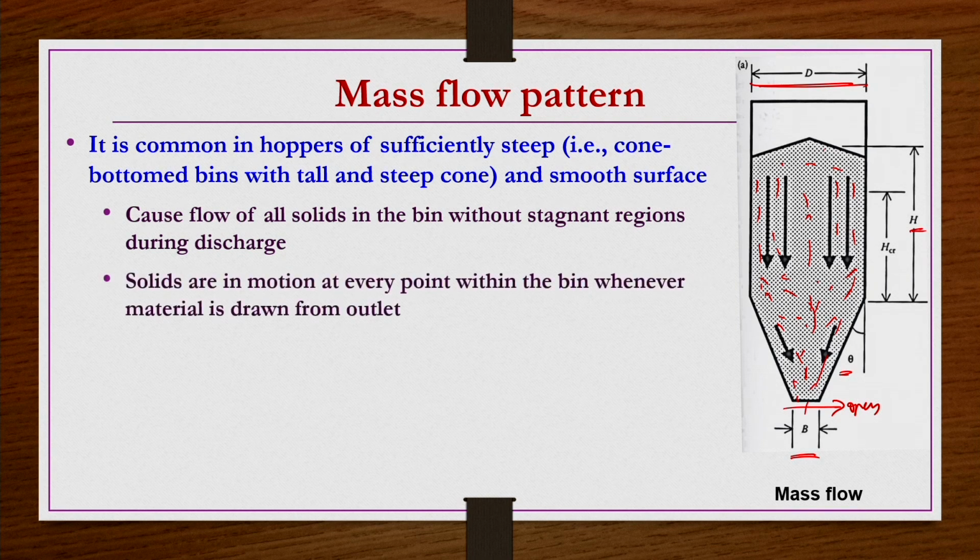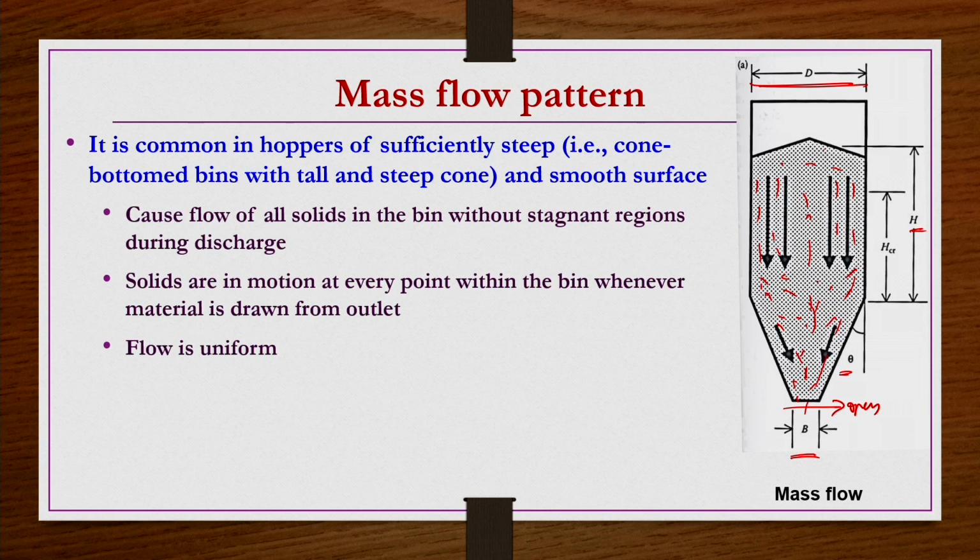Solids are in motion at every point within the bin whenever the material is drawn from the outlet. That is how such a free flow pattern is possible in this kind of mass flow. Flow is further uniform. You can expect a uniform flow rate. You may not expect a varying flow rate.